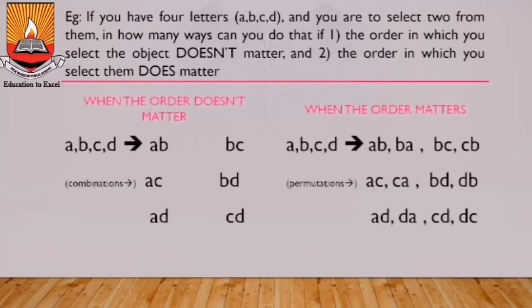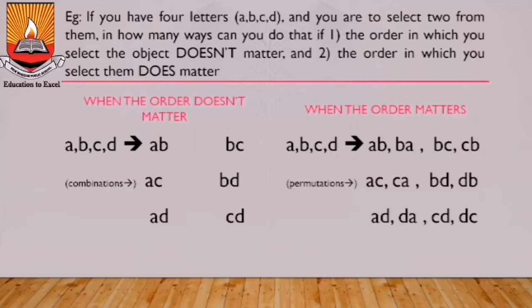So when the order doesn't matter, you can just randomly select 2 of the 4. So from ABCD, you can make these combinations: AB, AC, AD, BC, BD, CD. Right, 6 of them. So when the order does matter, here you need to look out.